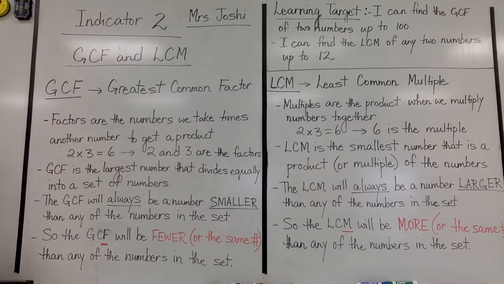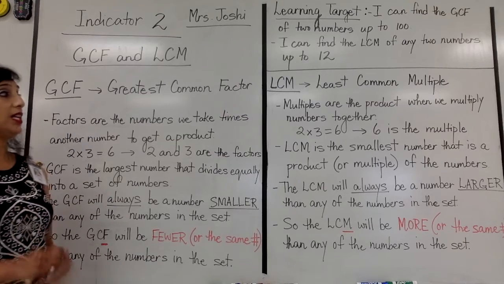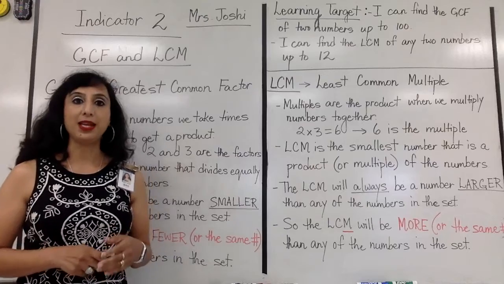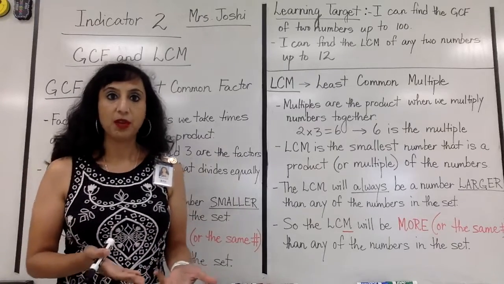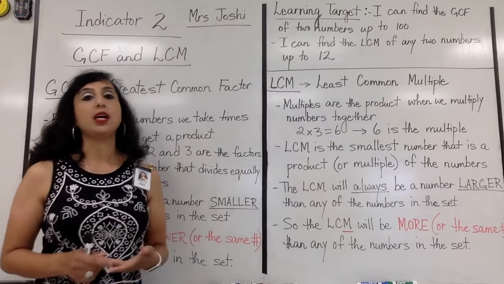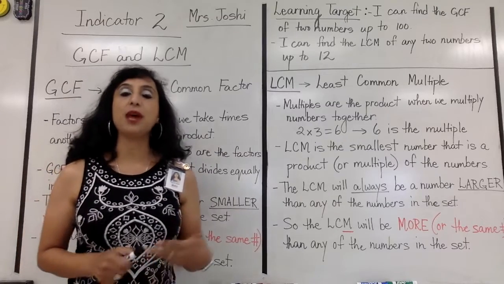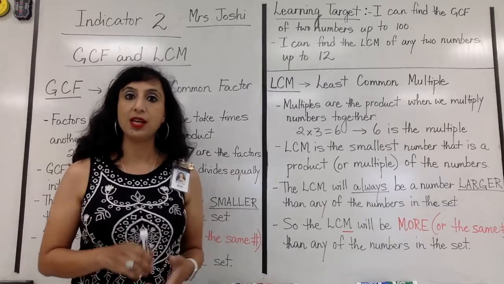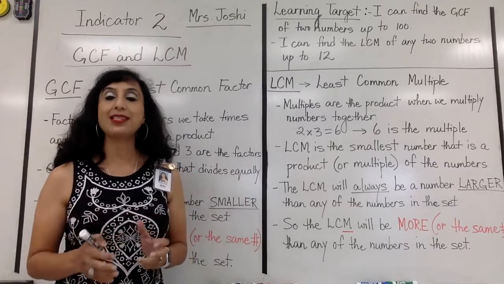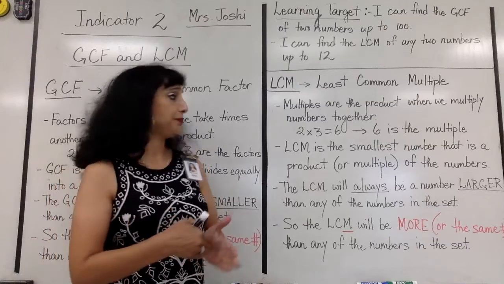On the other hand, if I'm taking least common multiple, multiples are basically the product. When I am multiplying two factors, I get a multiple. So if I say 2 times 3 is equal to 6, the 2 and the 3 are the factors, and the 6 is the multiple.